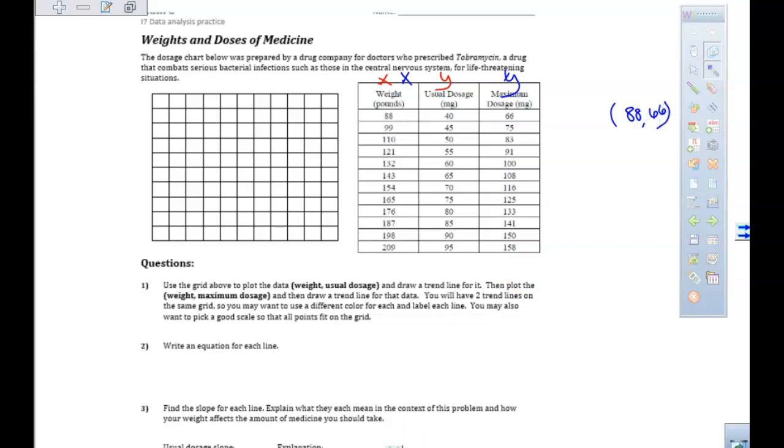Whereas when I'm graphing that red point, the weight with the usual dosage, that's going to be 88, 40. So just make sure you're graphing two different sets of points. So you're going to have one line and then another line as you look at those. So you should be able to figure out your rate of change as you are looking at those.